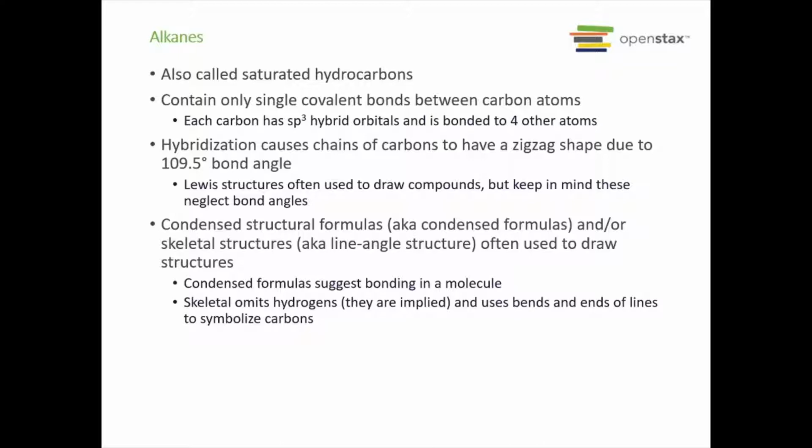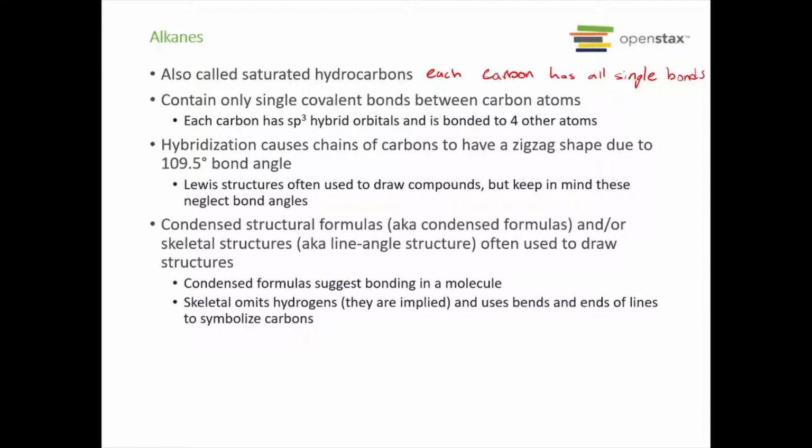So we're going to start with the basic type of organic compound, it's also a hydrocarbon, and these are called alkanes. These are called saturated hydrocarbons, which means that each carbon has all single bonds, and it also has the right number of carbon to hydrogen bonds.